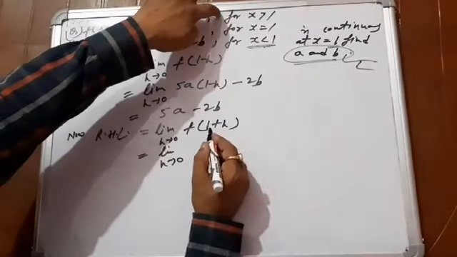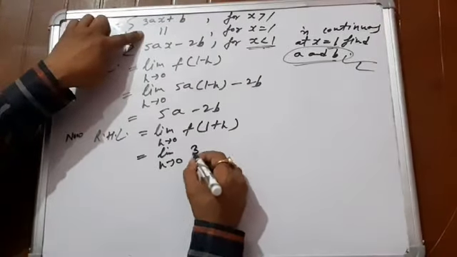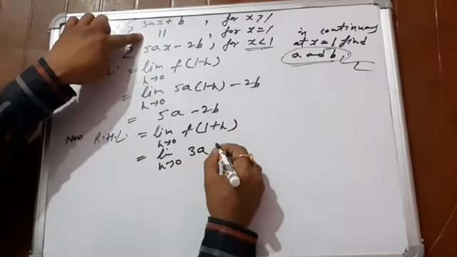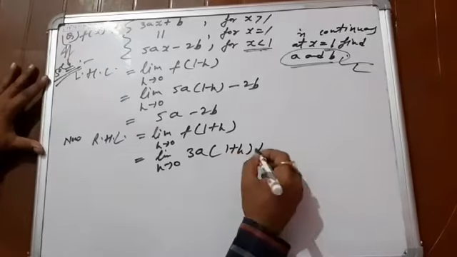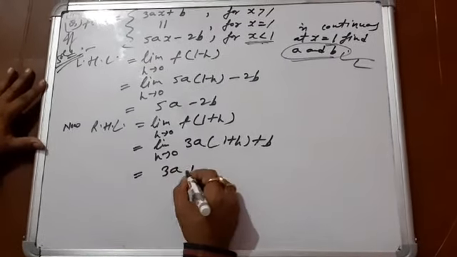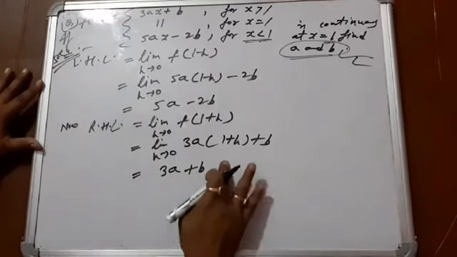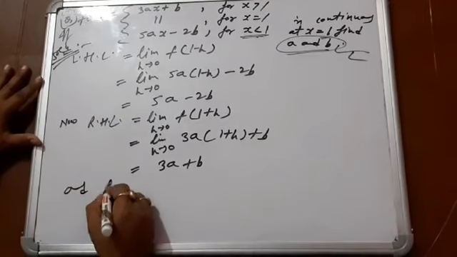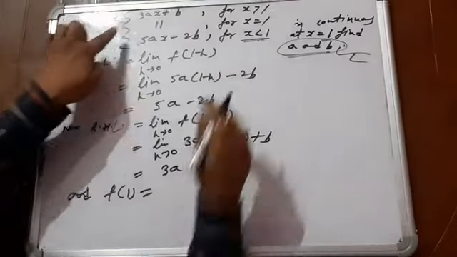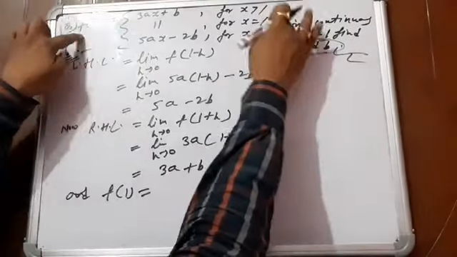It will come in the first portion, so its value is 3a(1 + h) + b. Now use the limit, it becomes 3a + b, and the value of the function f(1) is already given as 11.